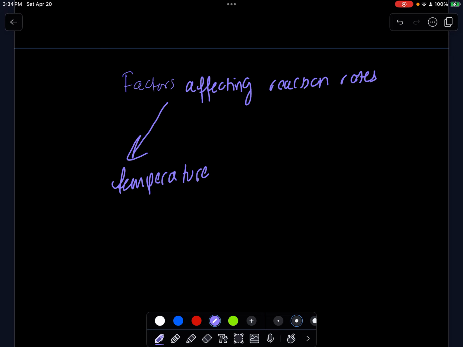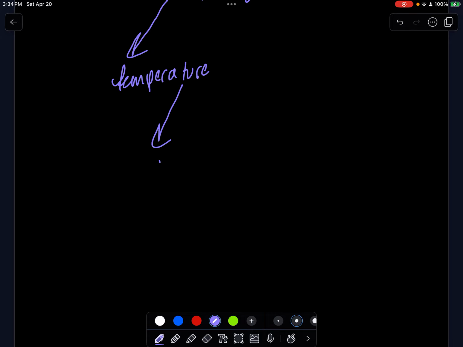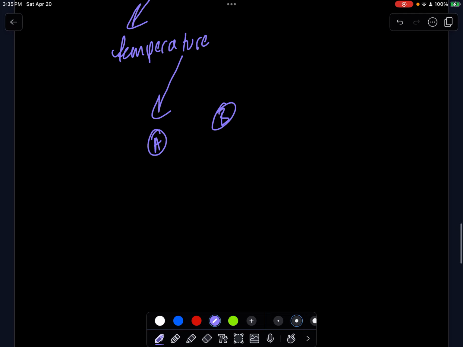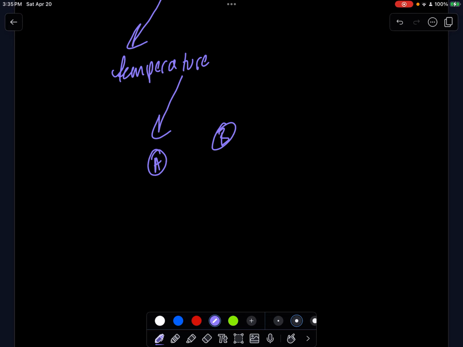Temperature. Why does temperature affect reaction rate? So reactions are collisions between molecules. Now, when we have a reaction that contains molecules A and B, these molecules have some repulsion between them.